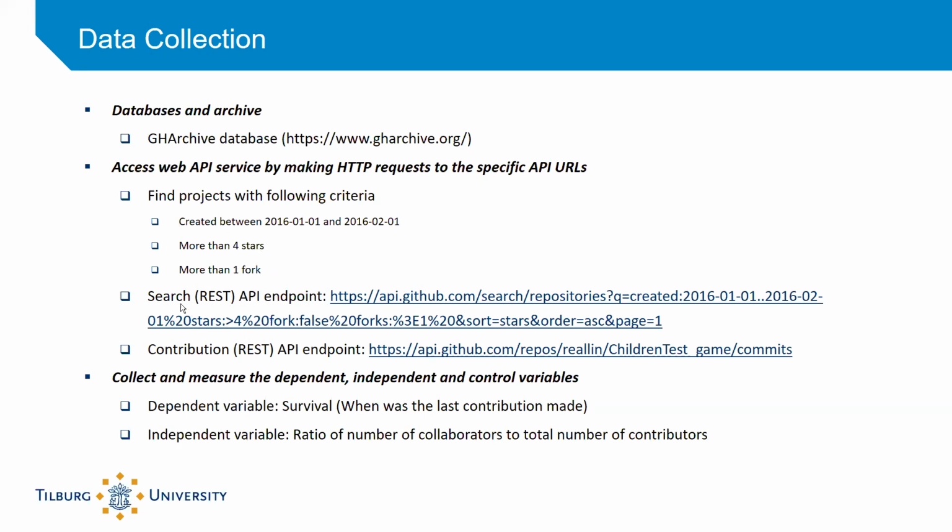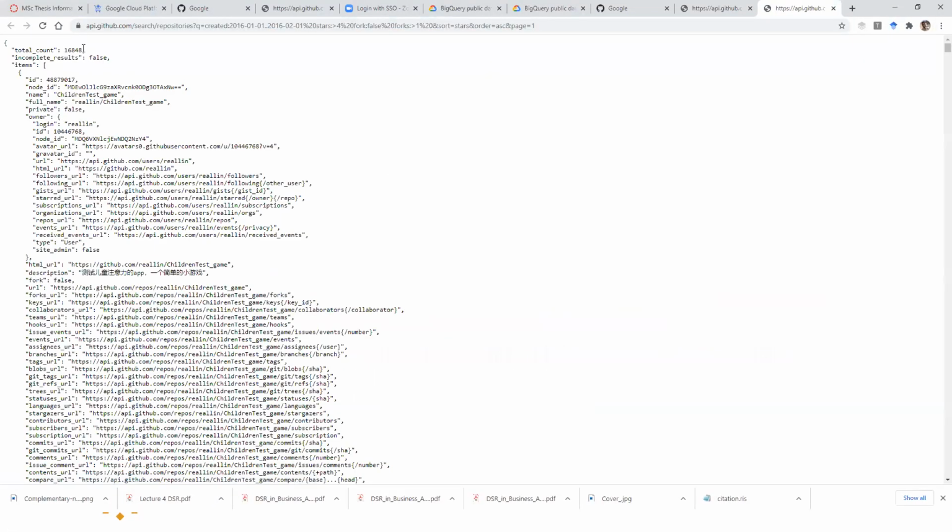So if I run the API call, or if I go to the endpoint, it'll look something like this. The search results will look like this. There are a total of 16,848 projects. And I know the name of the project.